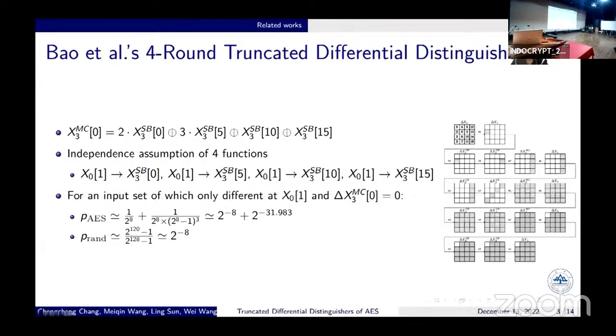Once the difference of the zero cell in x_3 after MC equals 0, the difference of the zero cell in x_5 equals 0 with probability 1. This zero difference is unaffected by the AK, SB and SR operations, and the MC operation is omitted in the former round. Then the difference between the probability of 4-round AES and a random function can be explored to build the computer differential distribution.